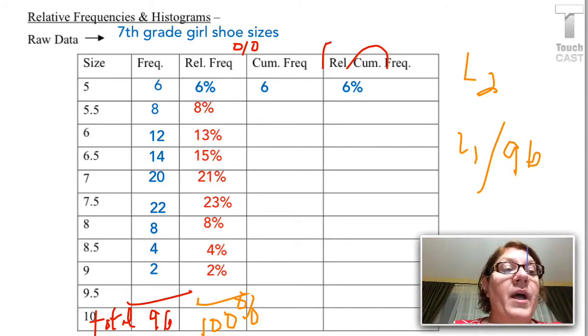And you could also go back and figure out which one or two you might need to adjust in order to make them total 100. So you might have to fudge just a little bit.